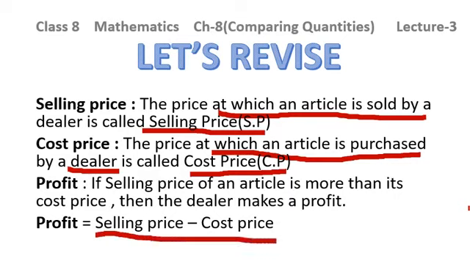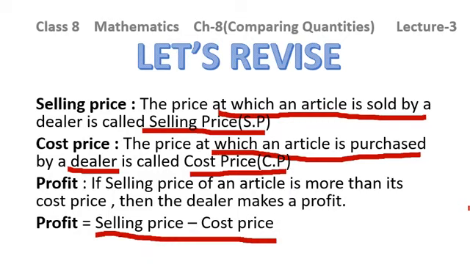Profit will be calculated like this: selling price minus cost price, and in this case 250 was the selling price, 200 was the cost price, so 50 rupees profit will be there. Or you can say you have earned a profit of rupees 50 in the example which I have given you.